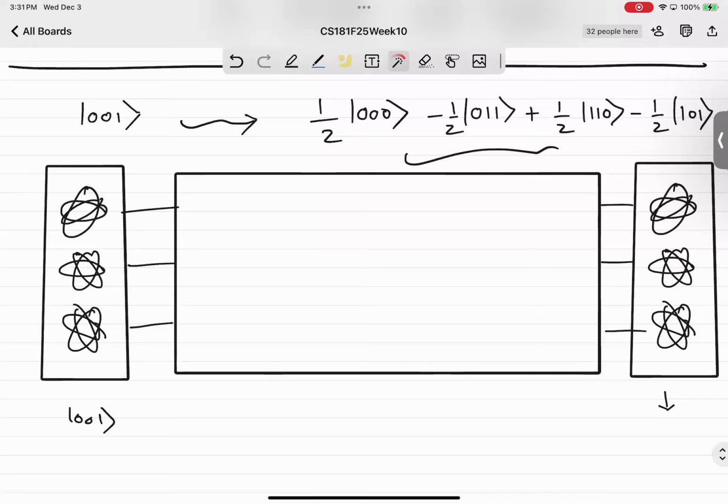CNOT of 0, 0, 1 will just still be without any complicated superposition, right? Hadamard is the only one which can kind of split things, right? So, let me just take a wild guess and apply Hadamard on the first photon. Okay.